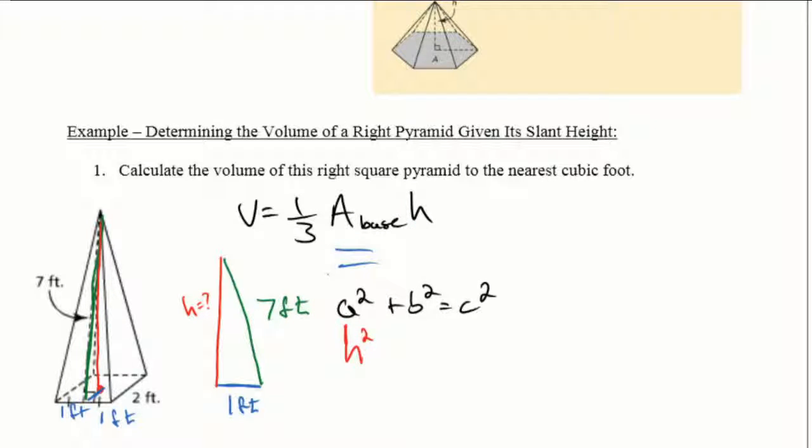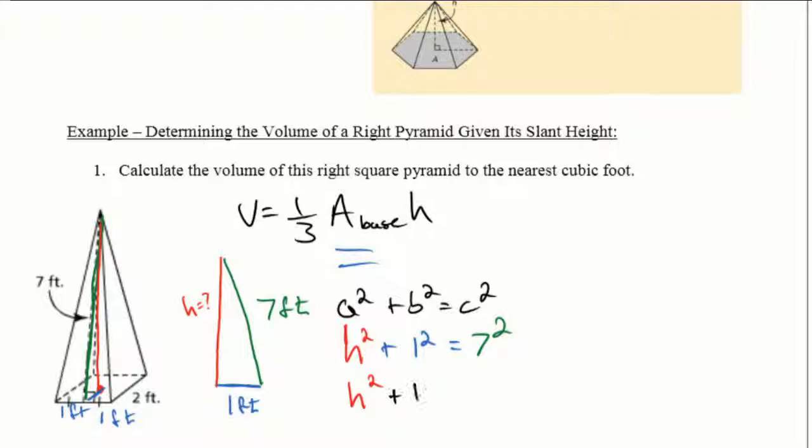Once I've found the height, I'm good to go, but for now I don't have it. H squared plus 1 squared is equal to, my longest side is 7 squared. 1 squared is going to give me 1, and 7 squared is going to give me 49.